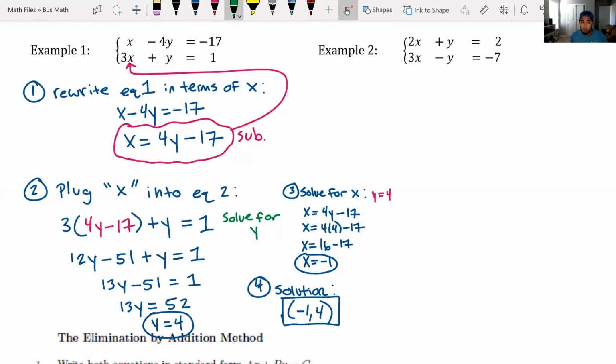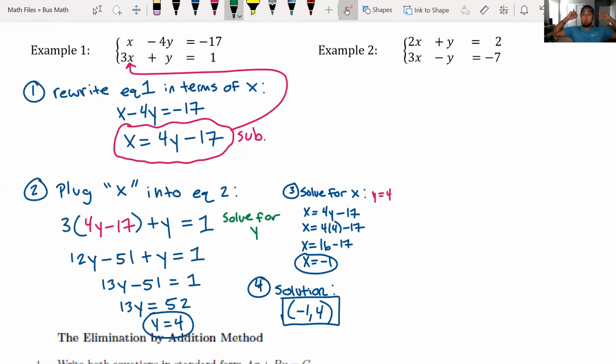There is no wrong way about it. If I didn't want to rearrange for x, I could have rearranged for y. So here's the different scenarios, right? I could have rearranged equation 1 in terms of y and plugged it in equation 2 for y. Or, here's the other one. We could have rearranged equation 2 for either x or y and plugged it into equation 1.